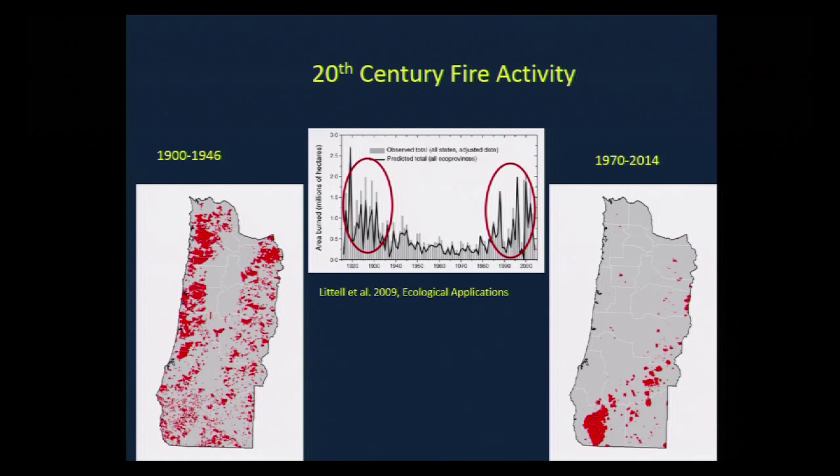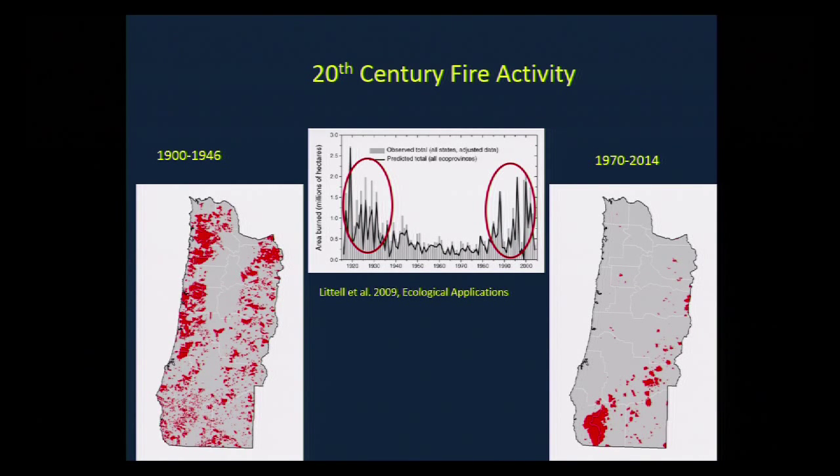So now let's move up a little bit to the 20th century, and let's take a look at fire activity. So this graph here that Littell put together on fire activity in the 20th century for 11 western forests, really the fire activity that we see in Oregon and Washington on the west side really mirrors this, with a lot of fire activity happening in the early part of the century, and then a big lull in the mid part, and then maybe a little bit of a pickup of fire activity in the latter part of the 20th century.